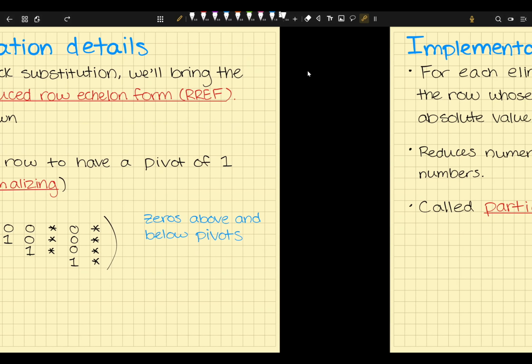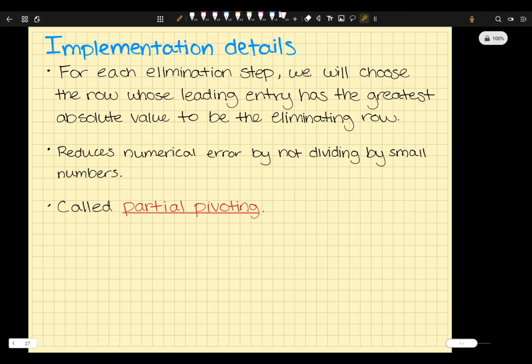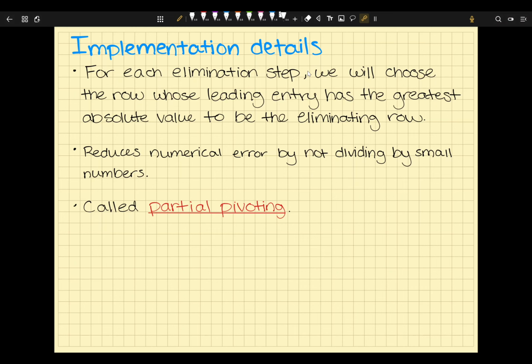And then I think this is our last implementation detail. This one is strictly a computational detail, which is each time we eliminate, we're doing a subtraction and a division. Through our process, we often eliminate a variable in row 2 by subtracting something from row 1.